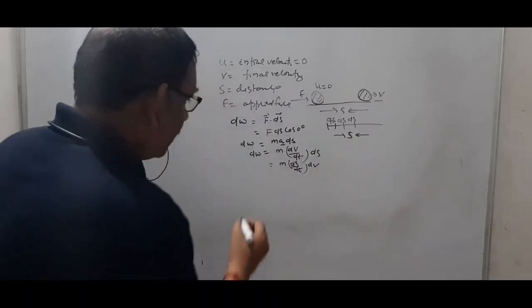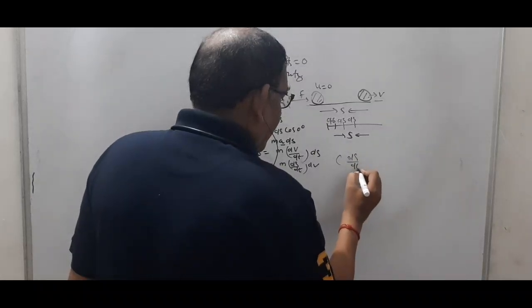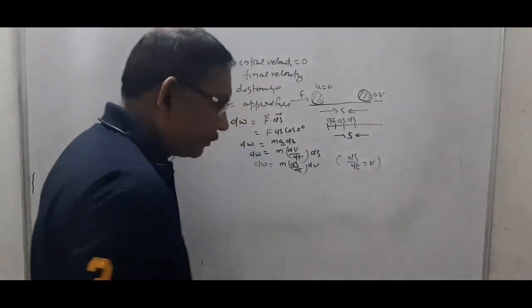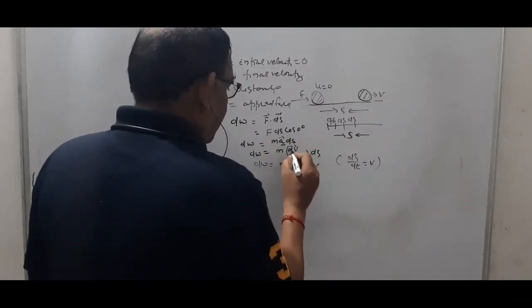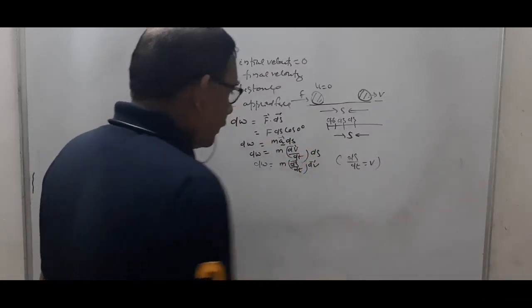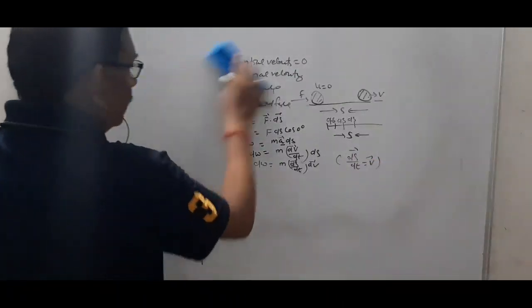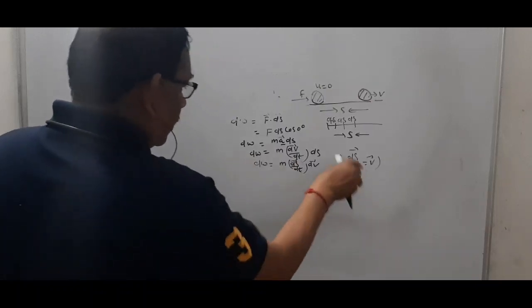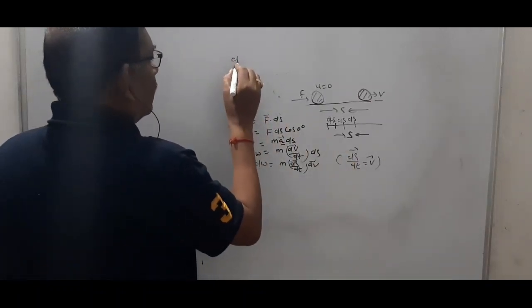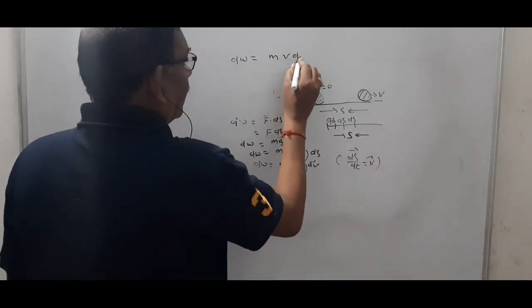You know that ds by dt gives you velocity, so ds by dt is equal to v. Putting this value, we get m v dv.